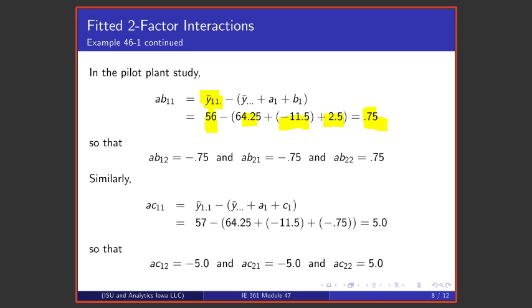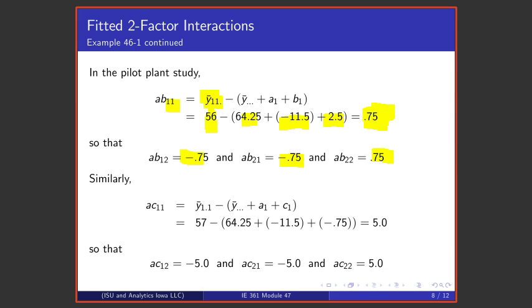You get 0.75. So if I was to average front to back on that cube, what's being said there is that if I made plots of y bar ij dot, I'd have near parallelism on that plot, because this number, and therefore the corresponding ones after I switch some of these indices from 1 to 2, are not very big.